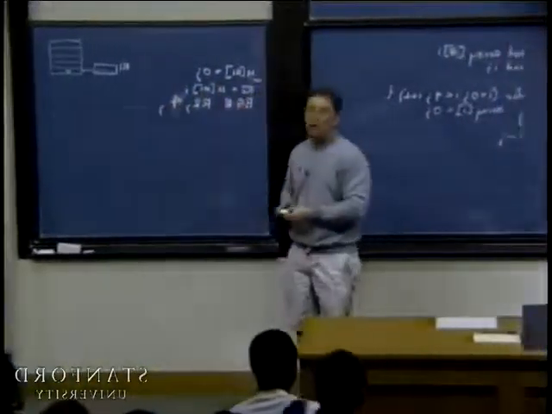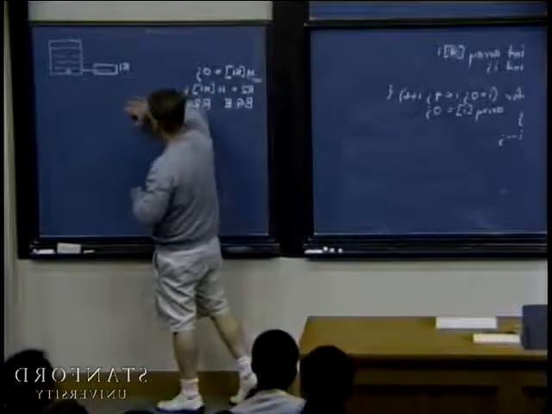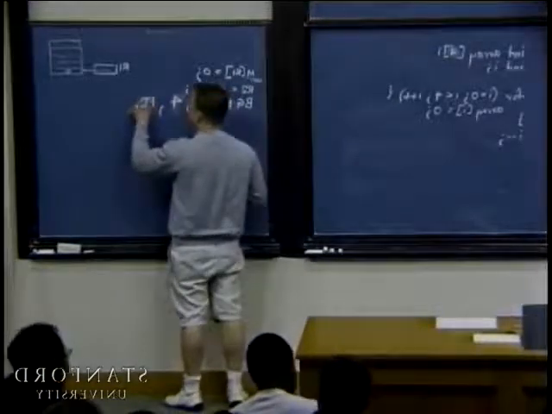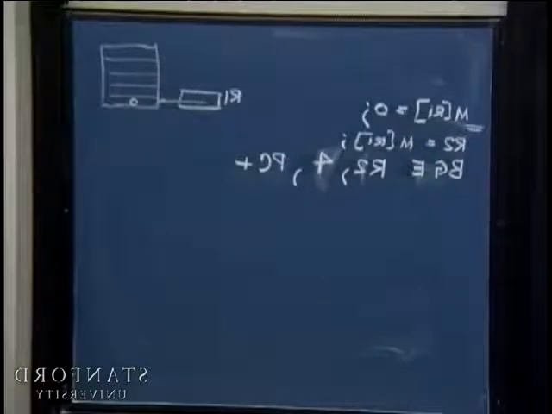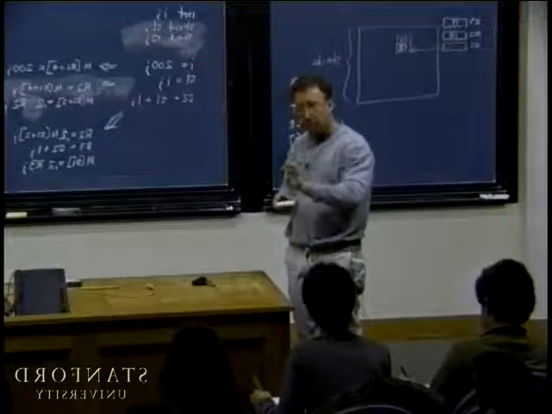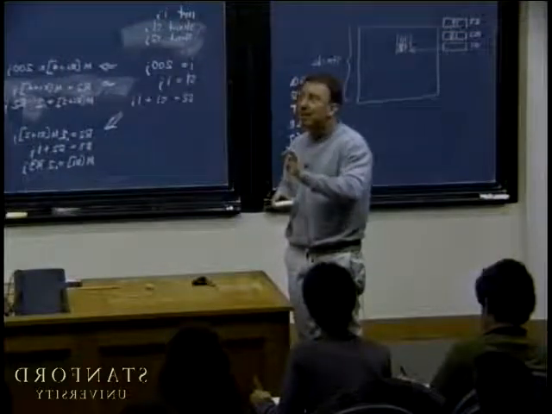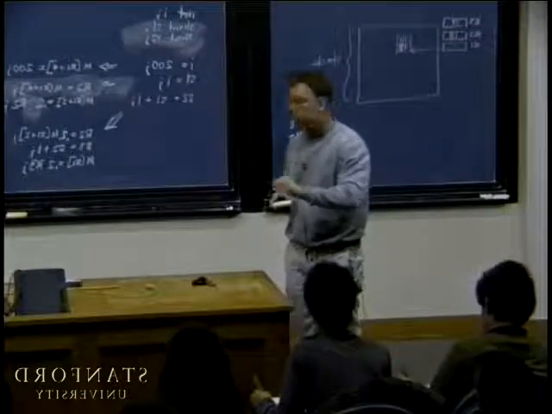All I can tell you right now is that the address here is going to be framed as some offset relative to a special register I call PC. Now PC is really going to be like the 27th or the 29th or the 31st of the 32 registers. We just give a better name for it. PC stands for program counter, and it stores the address of the currently executing instruction.